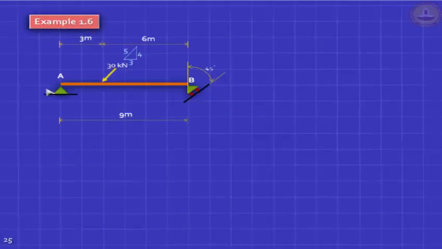This is a challenge for you. Please do this problem. Now I made it a little complicated. The complication is I've got not the standard simple support.